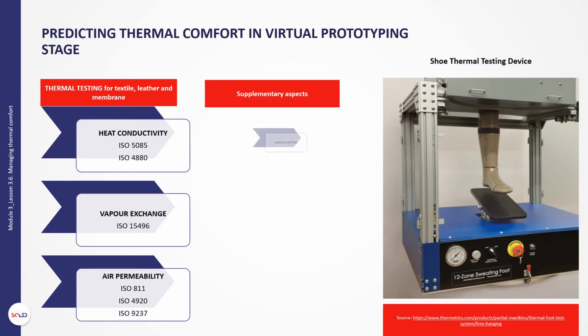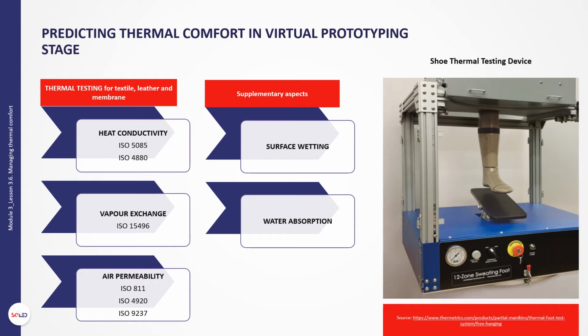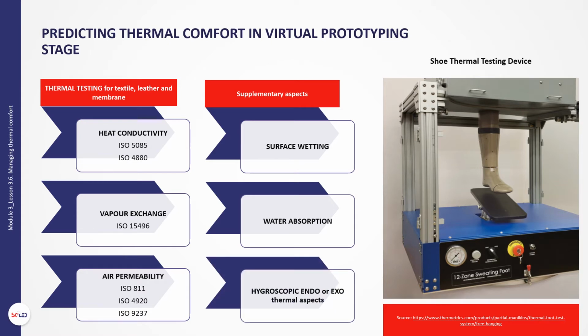Supplementary aspects such as surface wetting, water absorption, and hygroscopic endo or exothermal aspects need to be taken into account, thus making footwear material selection for engineering thermal performance a very complex issue, with any improvement limited to marginal effects rather than a full breakthrough solution to the problem.